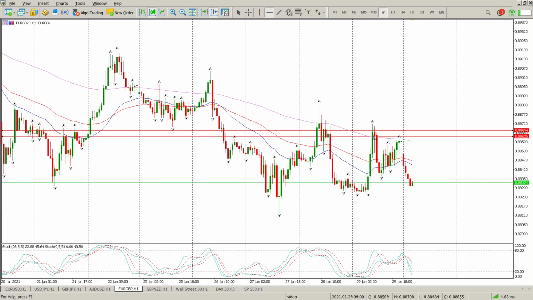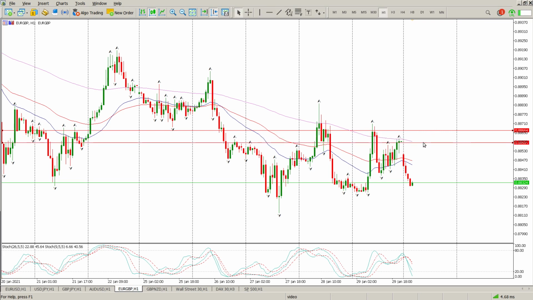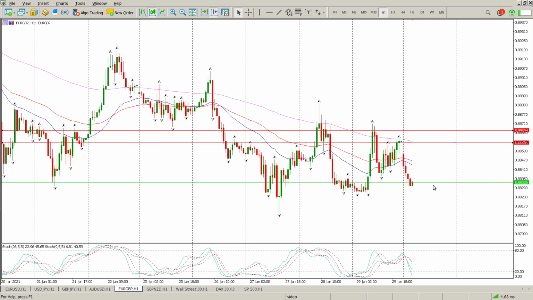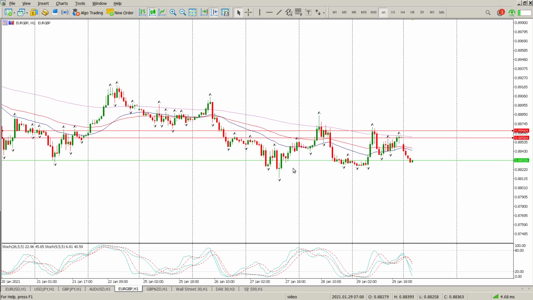So let's just put that level in. There's two areas here. This is the first one, 088584 right now, but this has been a big move, very big move. To the downside, we are, well, not that big, we're only down 0.3%. Yeah, I think that's kind of my structure here. Let's get this bottom level drawn in here as well.